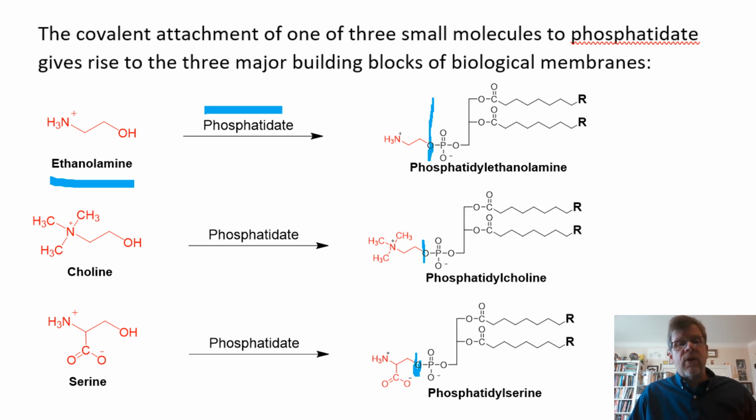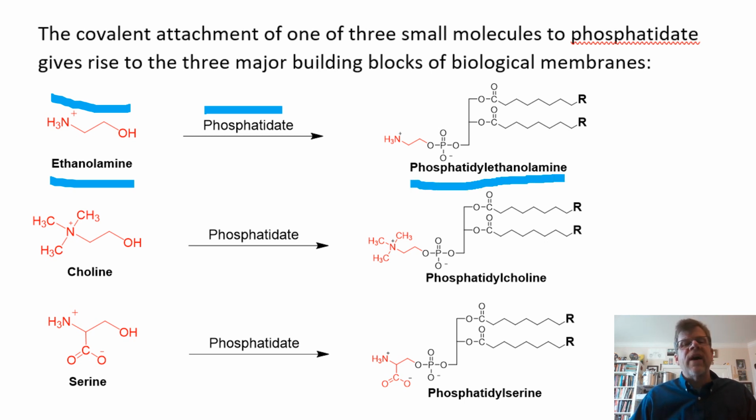Ultimately, we have a covalent attachment between, for instance, ethanolamine, which we have over here in the upper left-hand side. There is ethanolamine, and there it is covalently bound to the phosphate on phosphatidate. So what we have here in the upper right-hand corner is a contraction on that word, phosphatidyl ethanolamine.